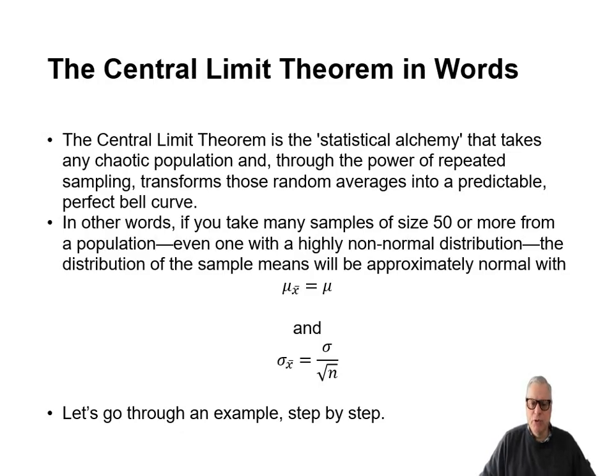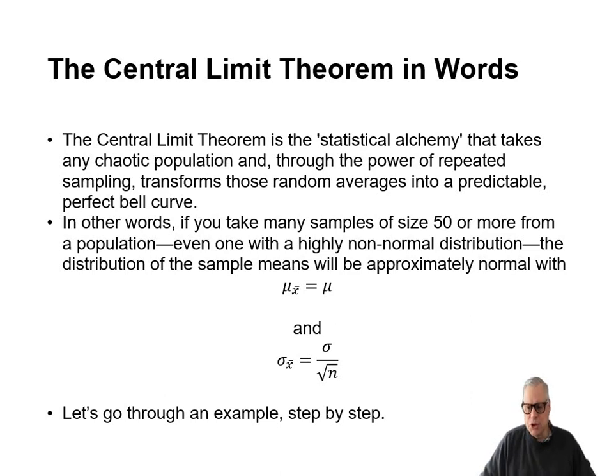In other words, if you were to take many samples of size 50, and you would calculate the mean for each of those samples from the population, then even if the population from which you take those many samples is not normally distributed, the distribution of those many sample means will be approximately normal, with a mean of all those sample means which is equal to the population mean.